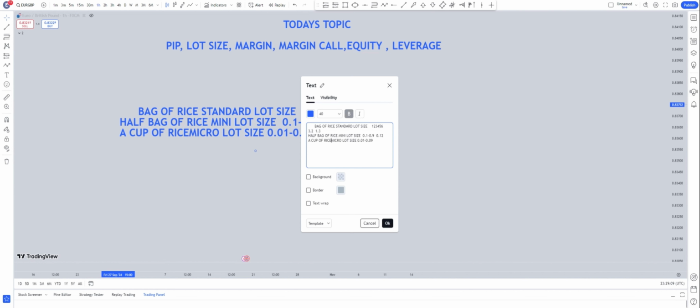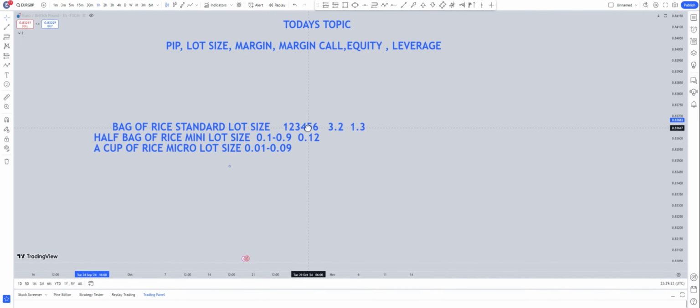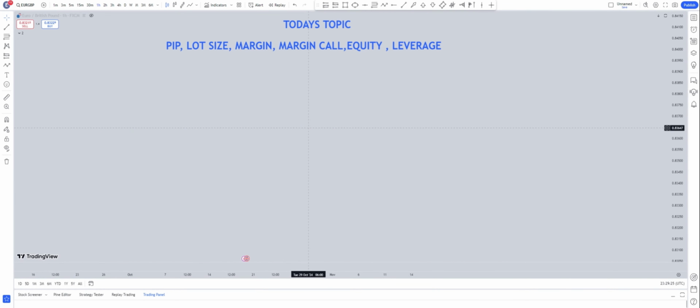So these are just ways of differentiating the standard, mini, and micro lot sizes. The next one we'll be talking about is what we call margin.